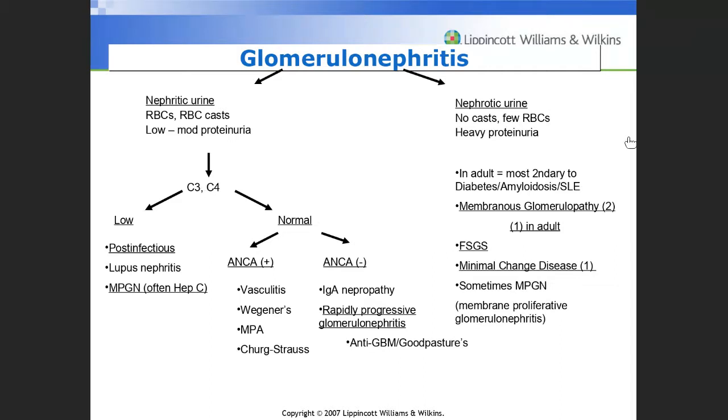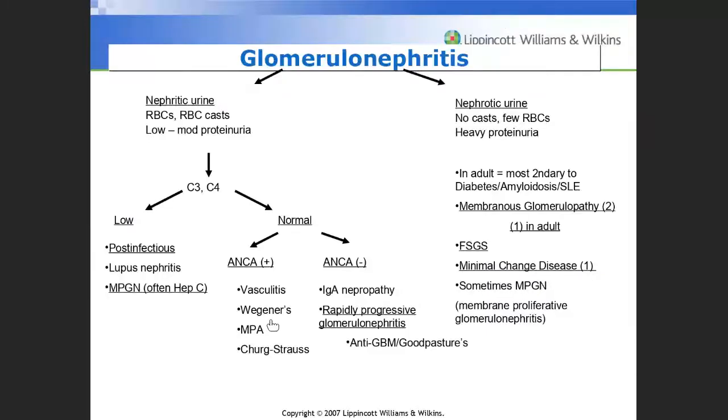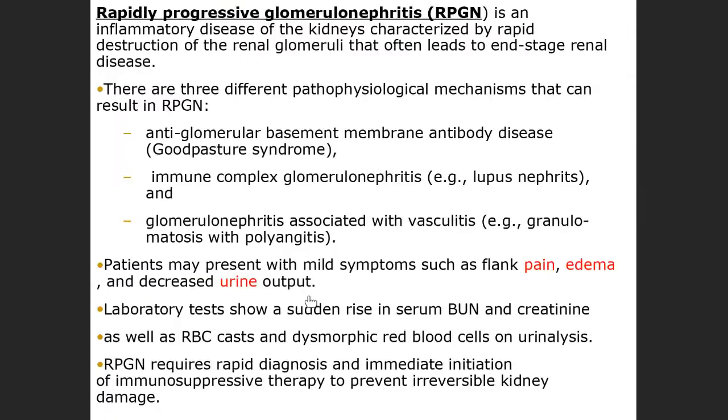All right. So you can see the three types of rapidly progressive glomerulonephritis: the lupus one, the glomerulonephritis associated with vasculitis like Wegener, and the one associated with Goodpasture syndrome.